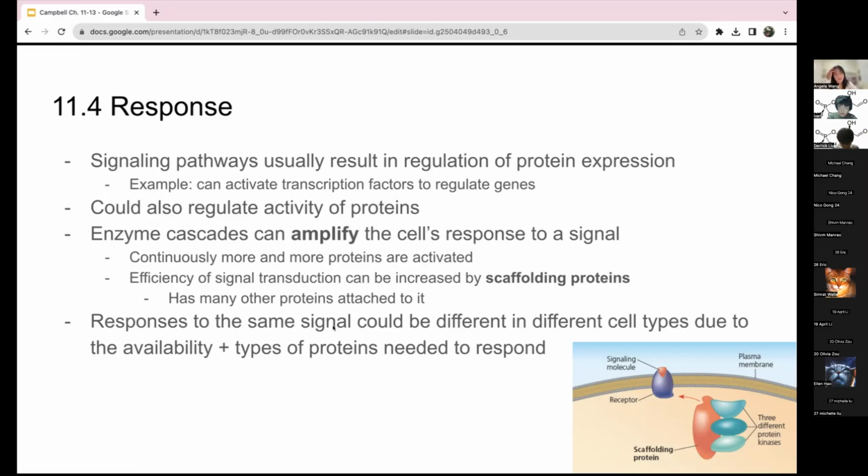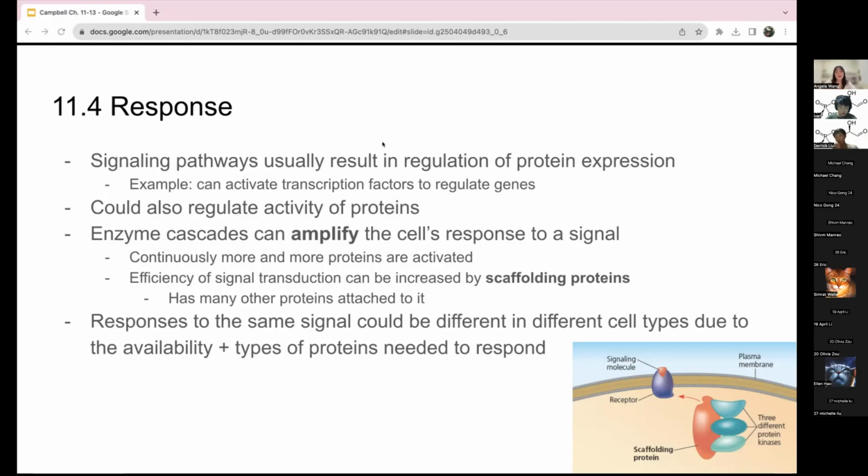So first, the signal can be amplified with enzyme cascades. Essentially, each enzyme continuously activates more and more enzymes, resulting in a lot of proteins and enzymes being activated ultimately. For example, if I have one signaling protein, it will activate 10 more, and then these proteins will each activate 10 more.